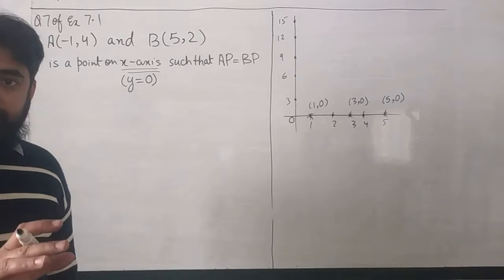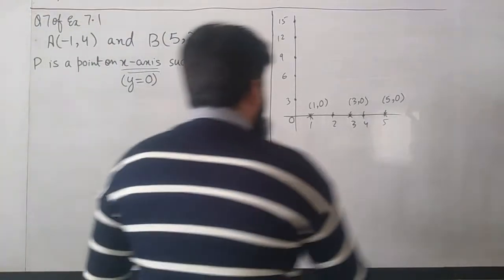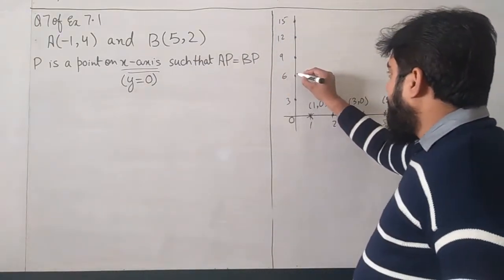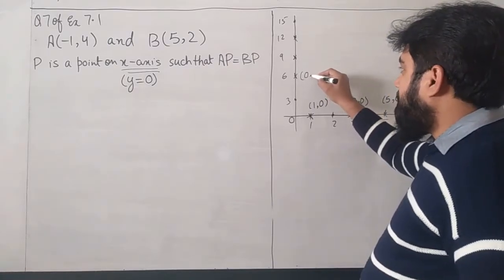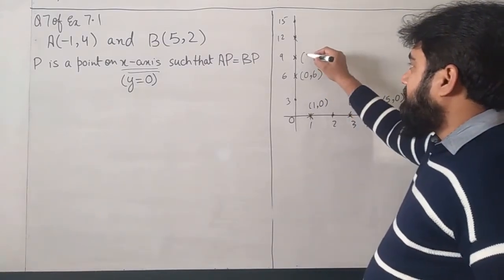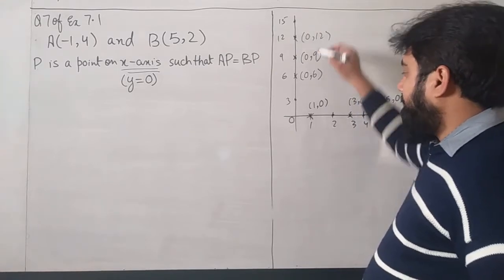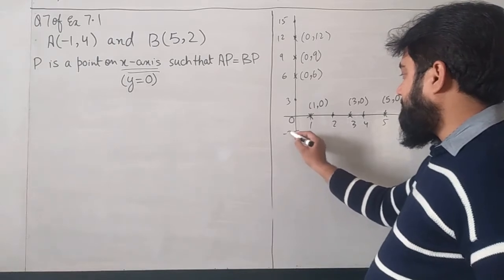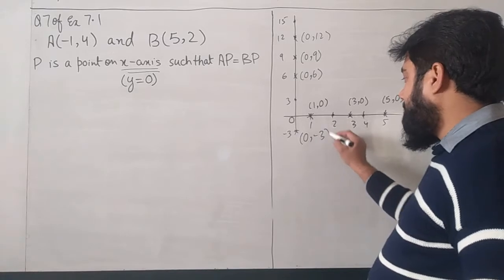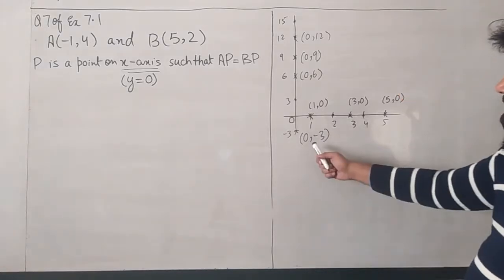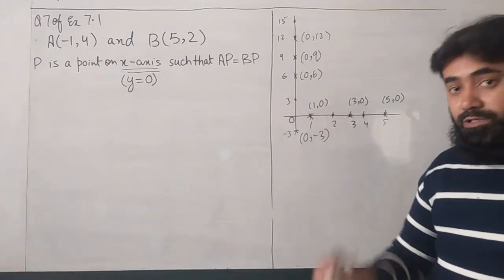In the same way, if I find the coordinates on the y-axis, they are (0, 6), (0, 9), (0, 12). If something is over here, for instance at -3, this coordinate will be (0, -3). So you can see on y-axis, all the values of x are 0.